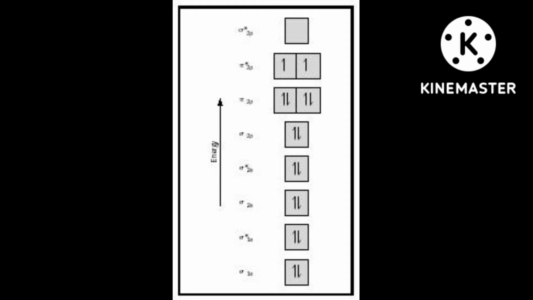Now here I told you pi is used for 2px and anti-bonding is used. Here also, for bonding pi will be used, and for the anti-bonding pi star will be used. Pi star.